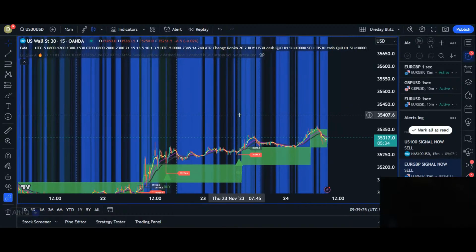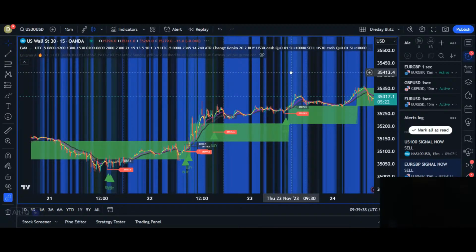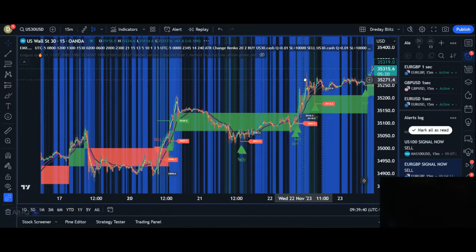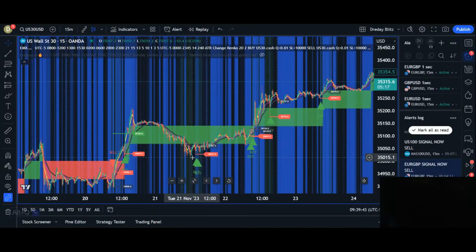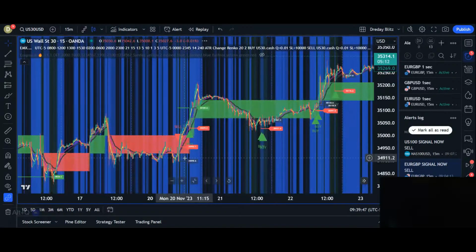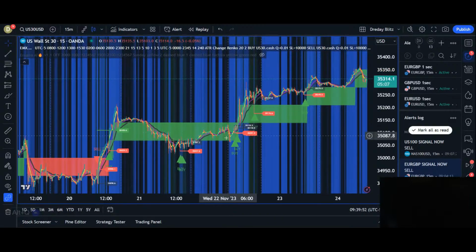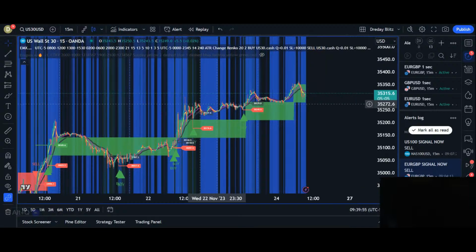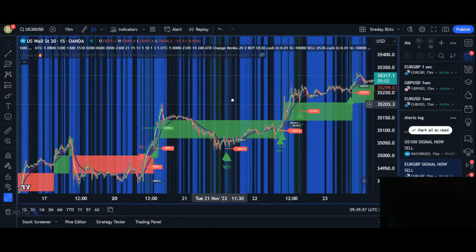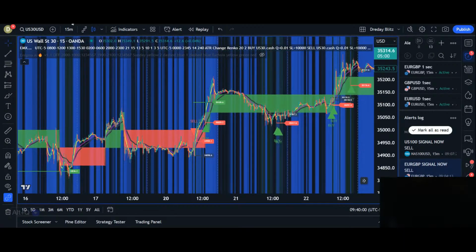So it was a long trade, but if you were scalping, you would be out of the trade before noon. So far, US 30 was bullish all week. We had a big move on Monday, then another move on Tuesday, Wednesday, and then Thursday. So it was still continuing up.